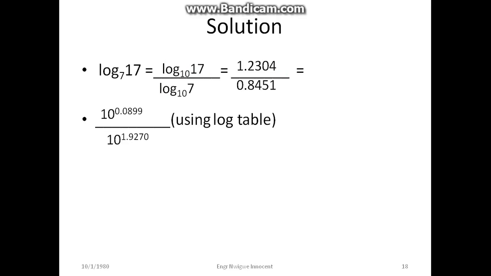Therefore, we now subtract the powers to have 10 raised to power 0.1629. Therefore, if we take the antilog of 10 raised to power 0.1629, we now have 1.455.